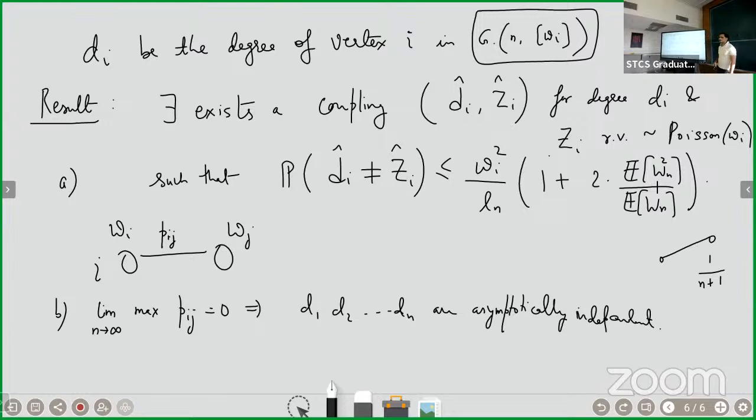When you take all the weights to be 1 or equal, that's what your edge probability is. I want to construct a random regular graph. Agreed, but what is the choice of w? You have to give me that. Is it compatible? First, you will check that your random regular graph can be constructed by putting a particular value of w. If you put all w_i's to be equal, you get a graph with edge probability 1 over n plus 1. That's not what you want.